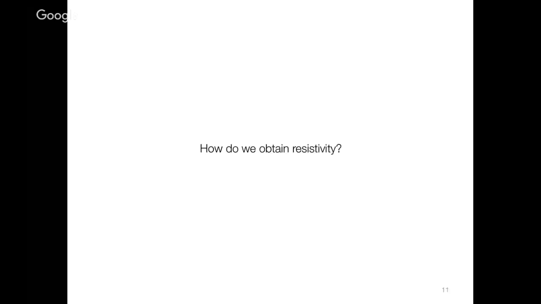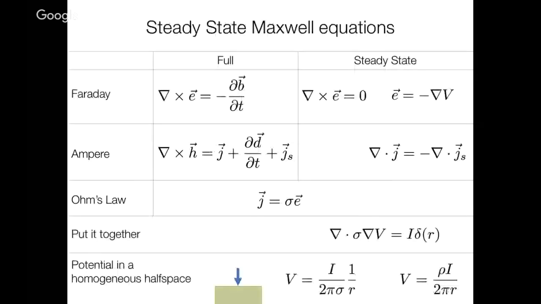How do you obtain resistivity out of that? The full equations were like this. But now the term is DC, which means steady state.